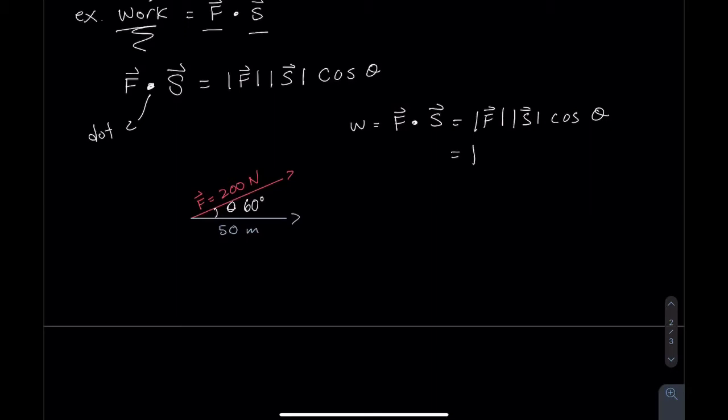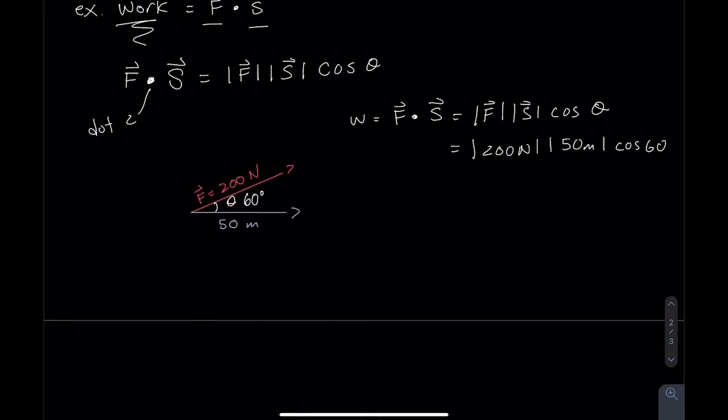We know the absolute value of force is 200 newtons. We know the displacement is 50 meters. And we know the angle is 60 degrees. Okay, so let's multiply what we know. 200 times 50 is going to give us 10,000.